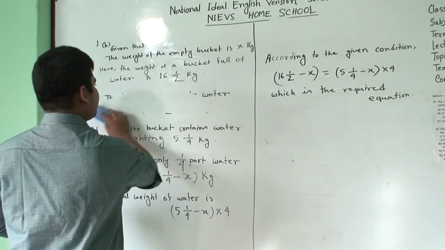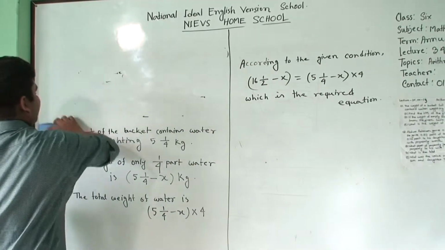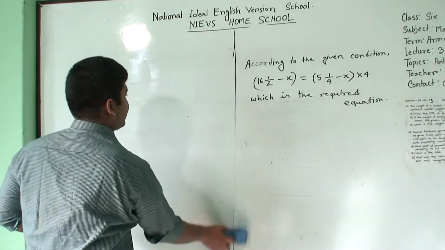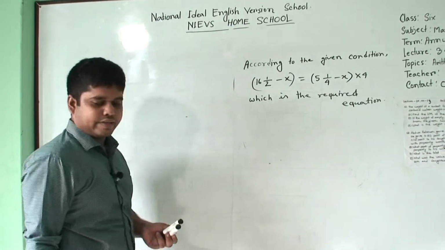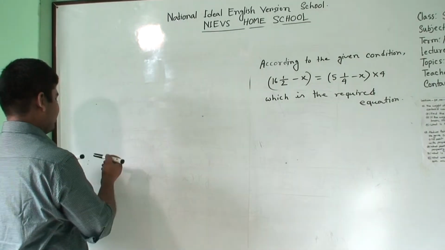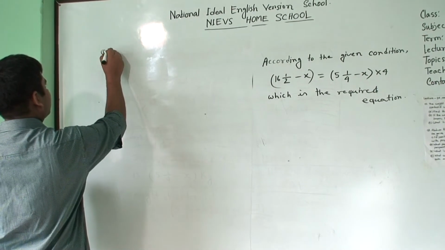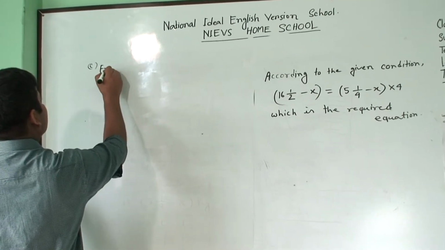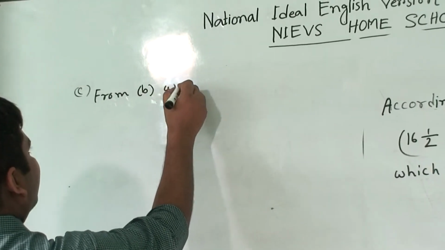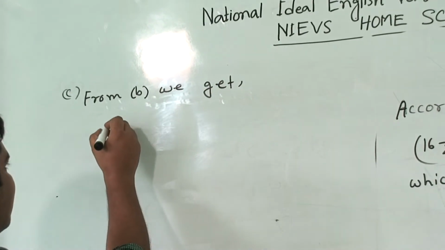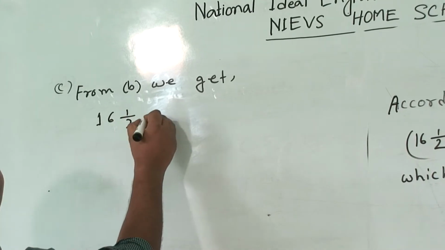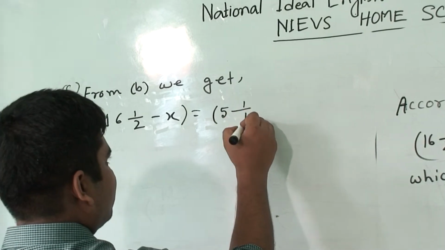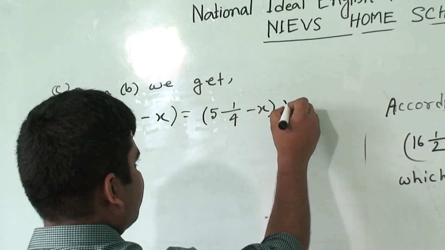Okay, for this reason I erase question number B. We need this equation to find out the value of x. First of all, I write, from B we get 16 into half minus x equal to 5 into 1/4 minus x multiplied by 4.